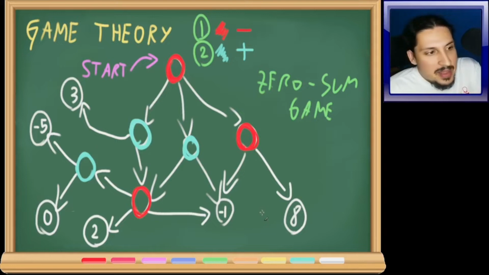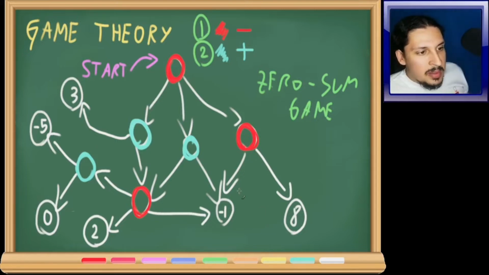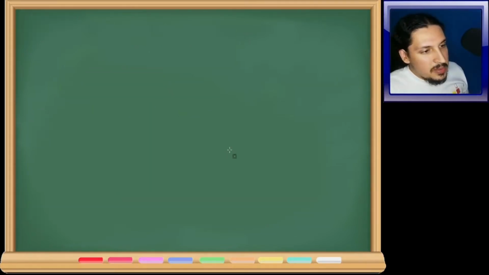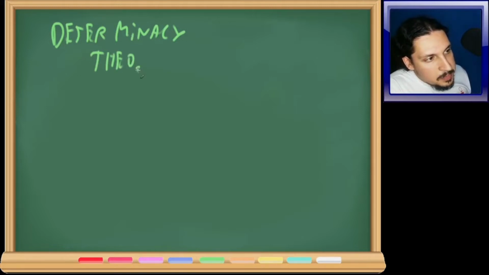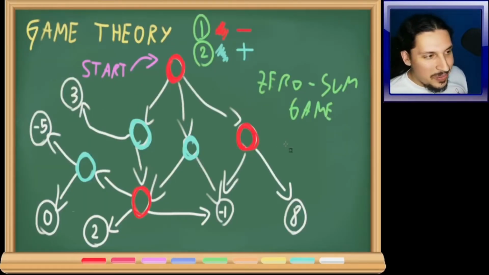So, basically there is a theorem called the Determinacy Theorem, which is quite simple for finite graphs, which are the only ones that we are going to study.